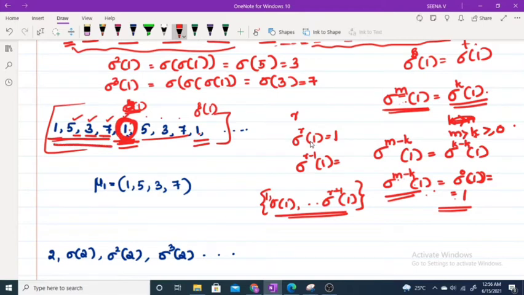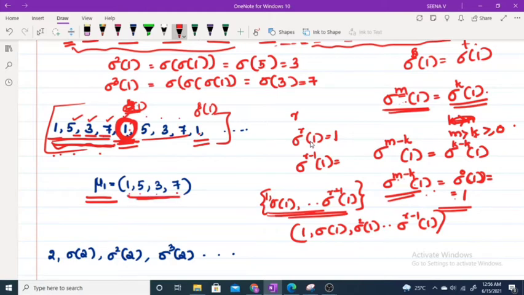So up to sigma cube of 1, these elements are distinct. So consider the first cycle as 1, 5, 3, 7. In our case we are considering the cycle 1, sigma of 1, sigma square of 1, etc., up to sigma raised to r minus 1 of 1, where r is the smallest positive integer at which sigma raised to r of 1 is equal to 1.